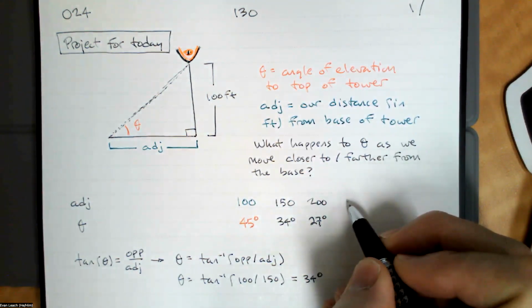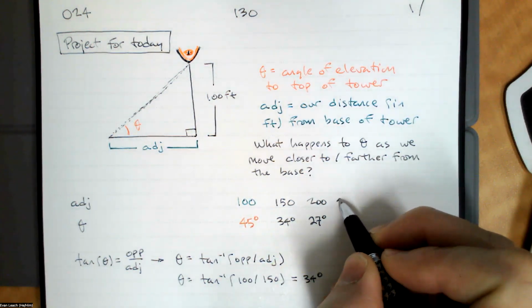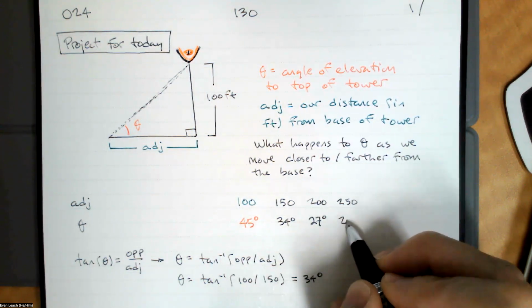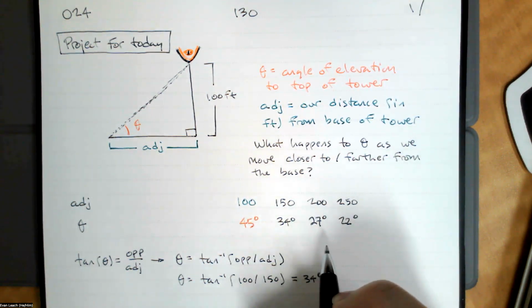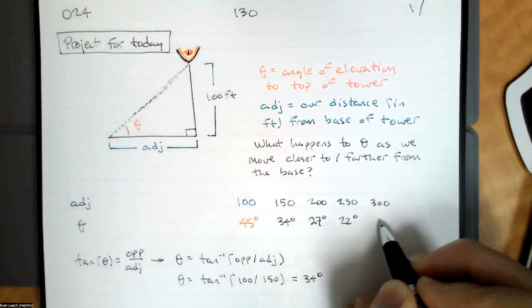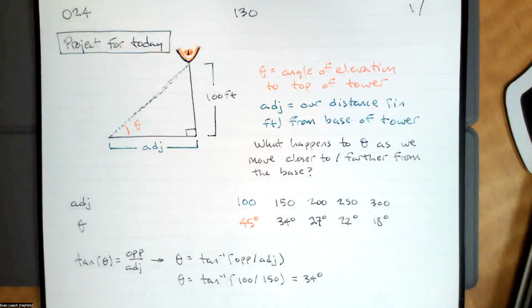So at 250 feet, we were at an angle of 22 degrees. And at 300 feet, we were at an angle of 18 degrees.